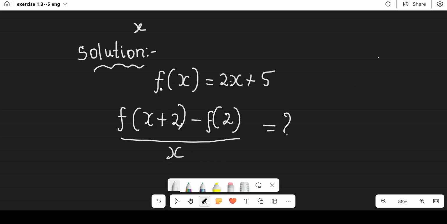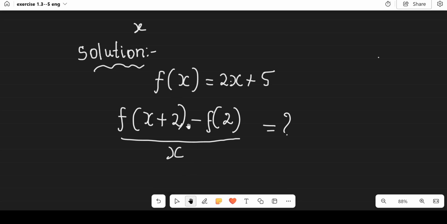So first we are going to find f of x plus 2. Next we are going to find out f of 2. After that we will be substituting the values of f of x plus 2 and f of 2 here, and then we can find out the solution.